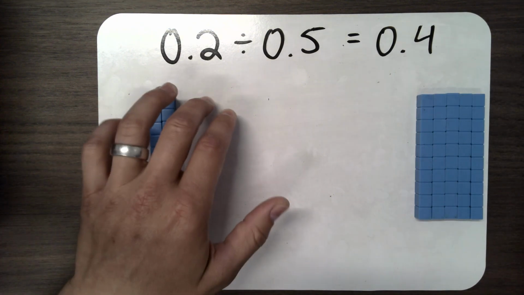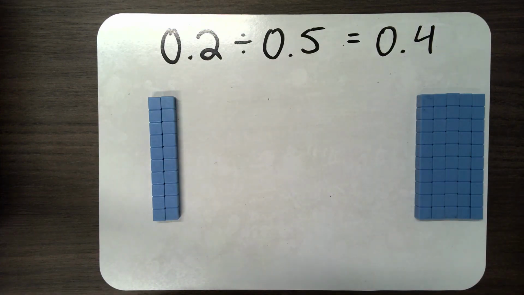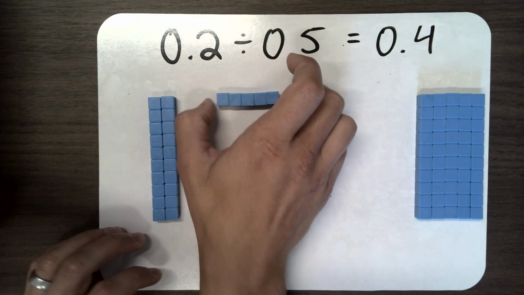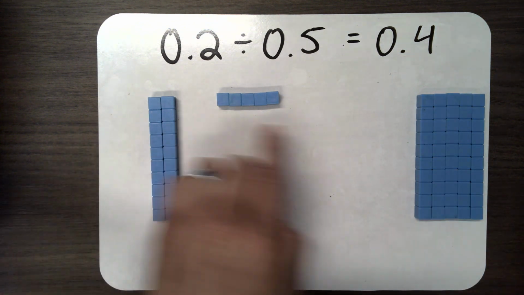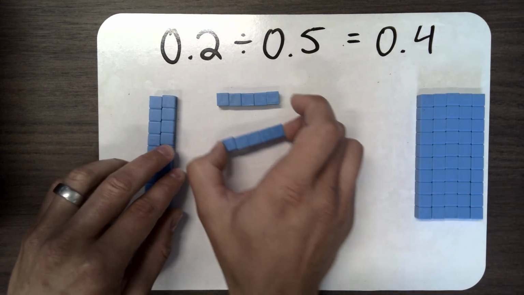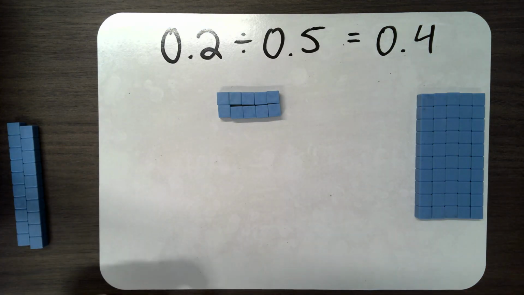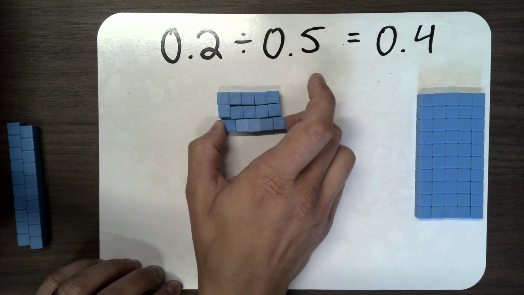So we're going to rearrange this so that we have 5 columns. And try to compare this to that model of 5/10 to see what portion of a model with the size of 5/10 do we have. So I'm going to move those tenths aside since we're bringing our hundredths on. So again, we're making columns of 5.